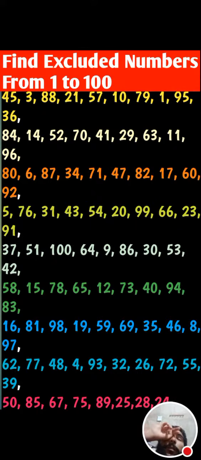So I will tell you the answer again. We have 15 missing numbers that are 2, 7, 13, 18, 22, 27, 33, 38, 44, 49, 56, 61, 68, 74, and 90.